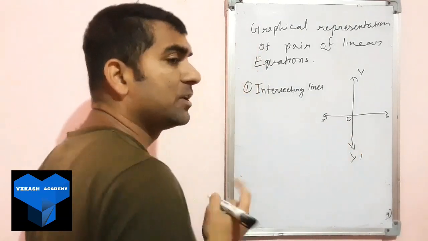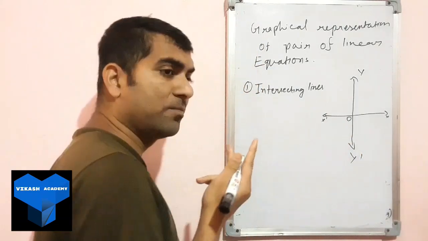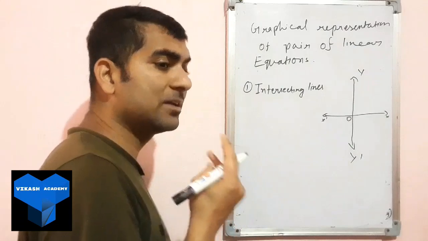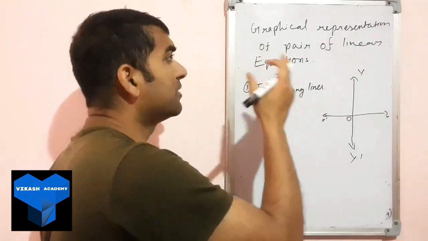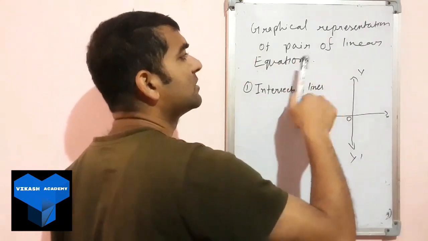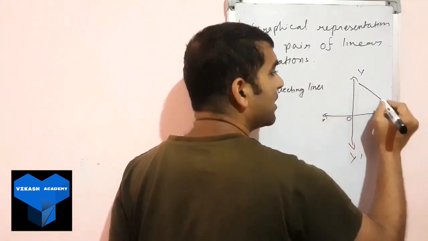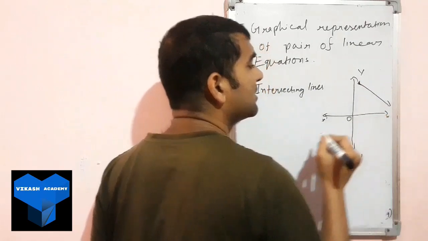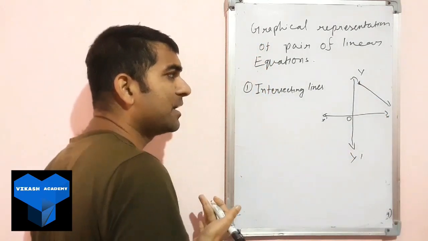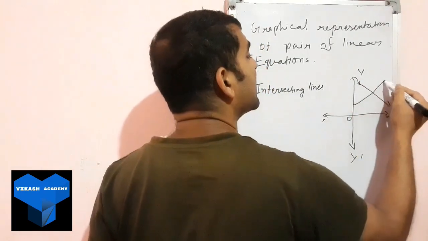Then suppose you are getting two linear equations here. Suppose we have one line and an intersecting line. So one line intersects the other line.